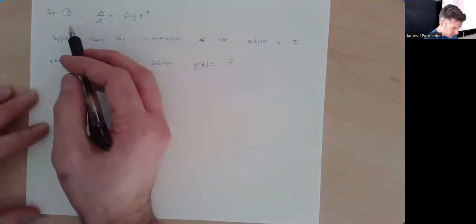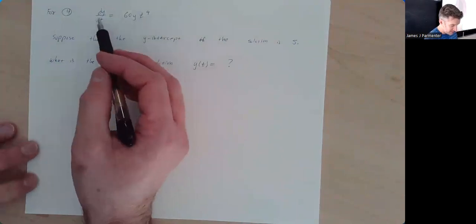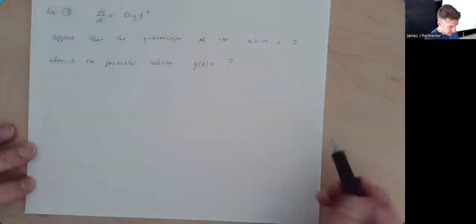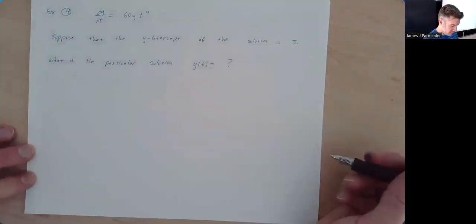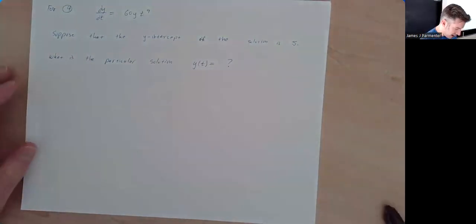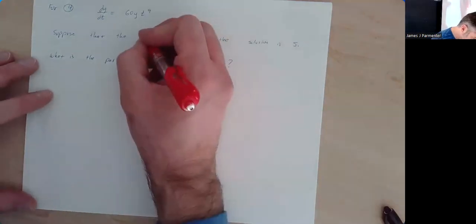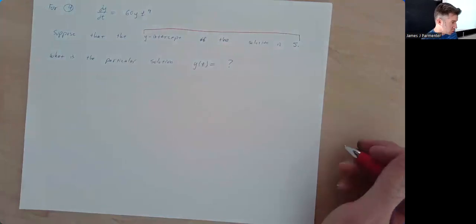So if I want to solve, this is one of the ones we just looked at, one of the separable differential equations. If we have dy dt equal to 60 times y times t to the 9th, suppose that the y-intercept of the solution is 5. What is the particular solution y of t? So if I was writing this question or thinking about this question, I would take this piece of information right here and think about what that meant functionally.